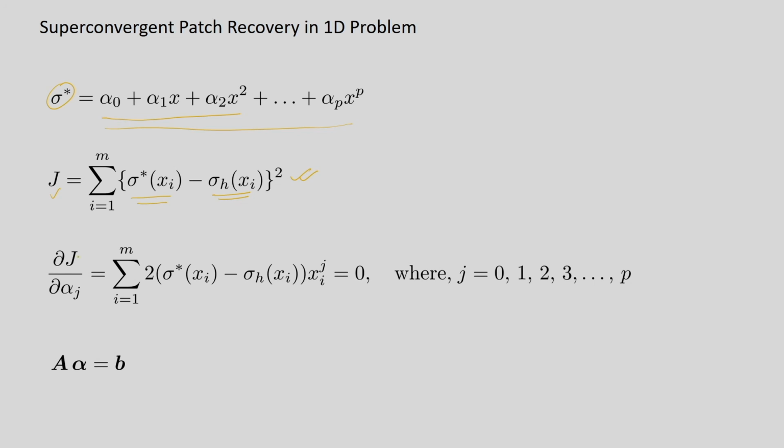Then we take the derivative of J with respect to alpha j to get the jth equation, where j varies from 0 to p. I am talking about a pth degree polynomial, so here we have p plus 1 unknowns and p plus 1 equations. We solve and obtain the alphas, which give us the recovered stress in that patch.